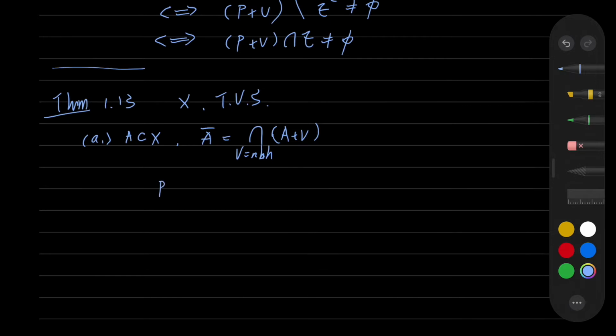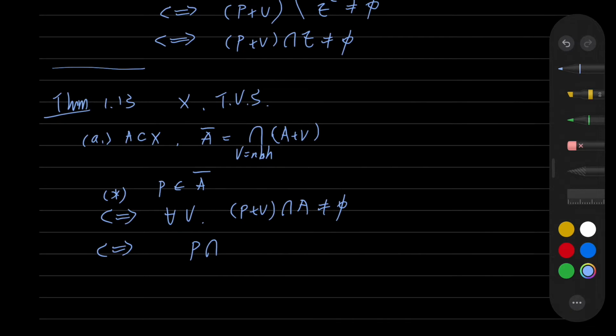So if P is inside the closure of A, as we proved above by star, for every neighborhood, we have that their intersection is non-empty. And by the proposition we proved before, we can move the V to the other side. So this becomes this.